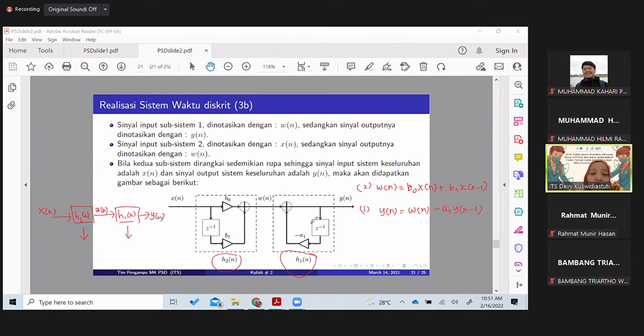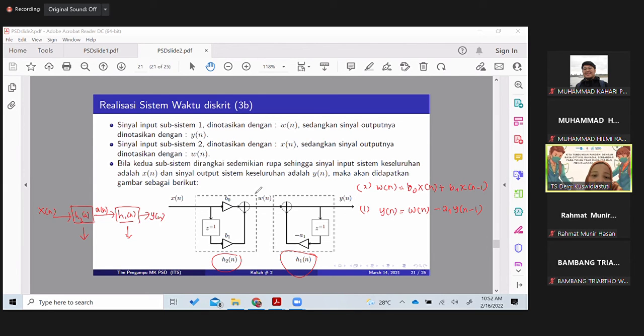In this case, you could simplify this system by making use of the property of the impulse response, where it has a commutative property.